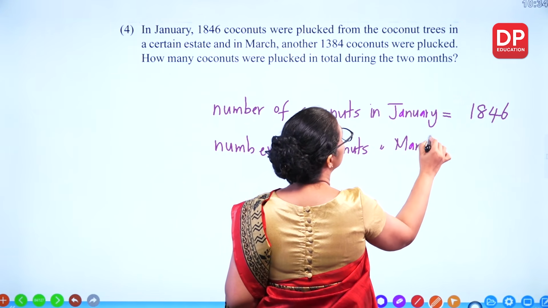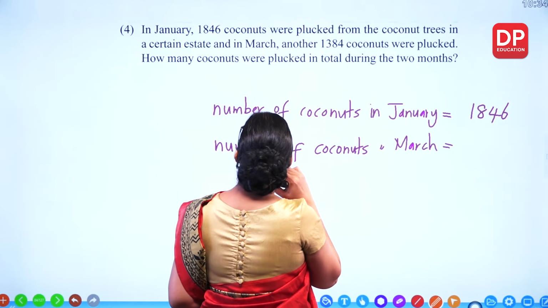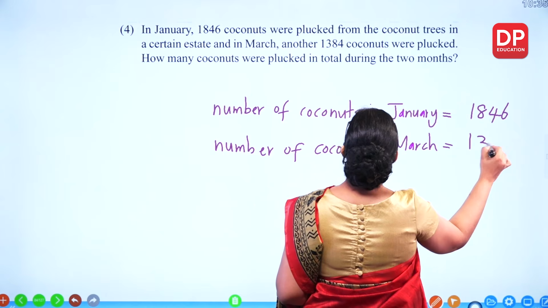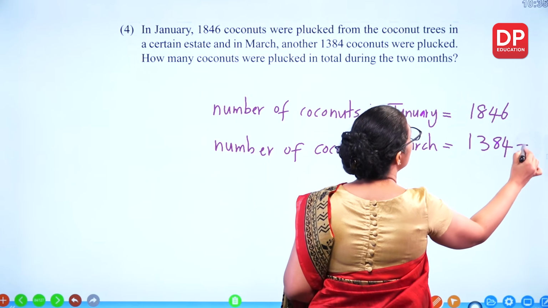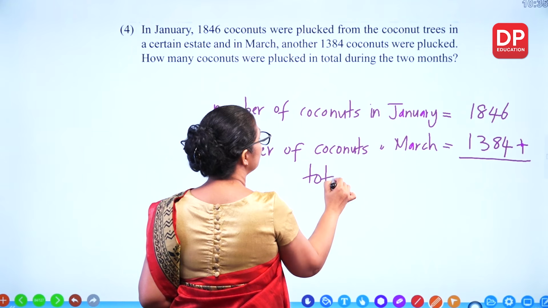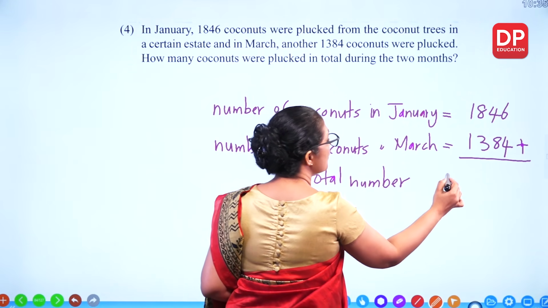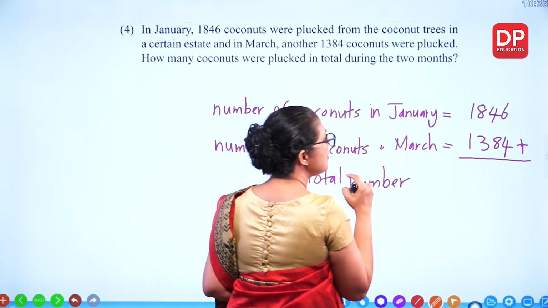You get 1,384. You need the total number. So add it and write down the answer.